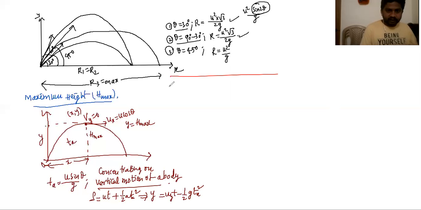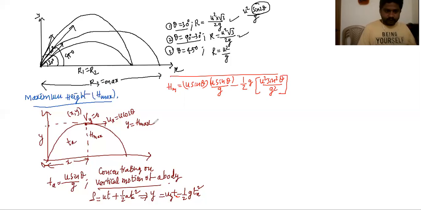What is that? y is the maximum height, which is equal to uy, which is u sine theta, into t, which is also the time of ascent, u sine theta divided by g, minus half into g into time of ascent square, which is u square sine square theta divided by g square.